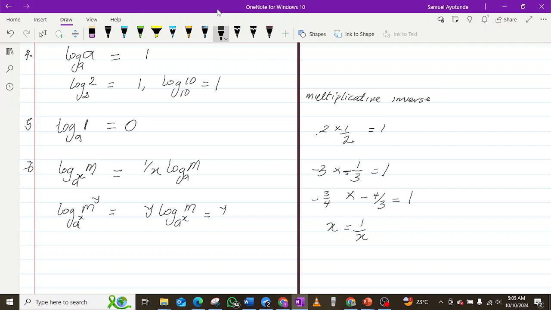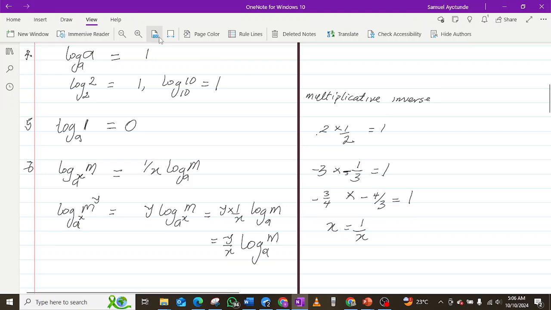So we have y times 1 over x log m base a, which can be written as y over x log m base a. So that is that. So we'll look at some questions now.